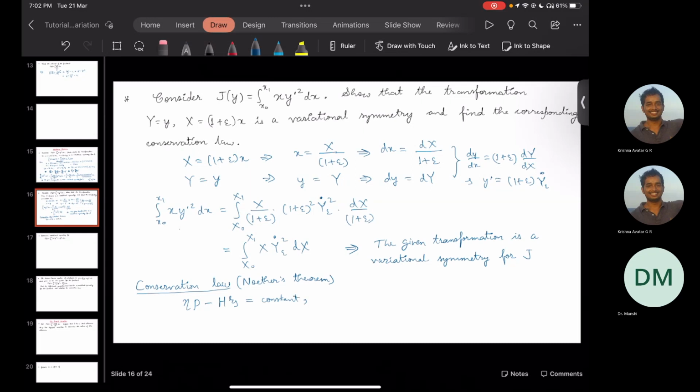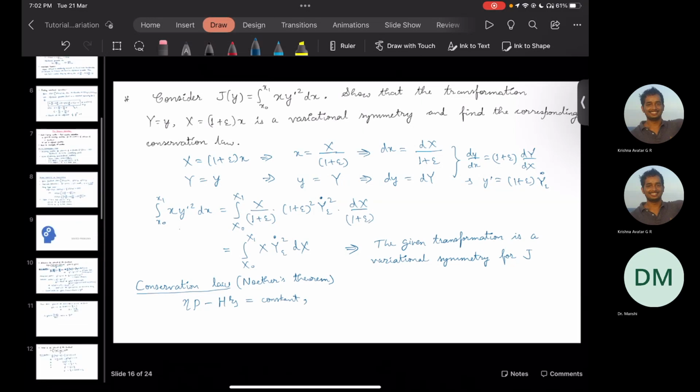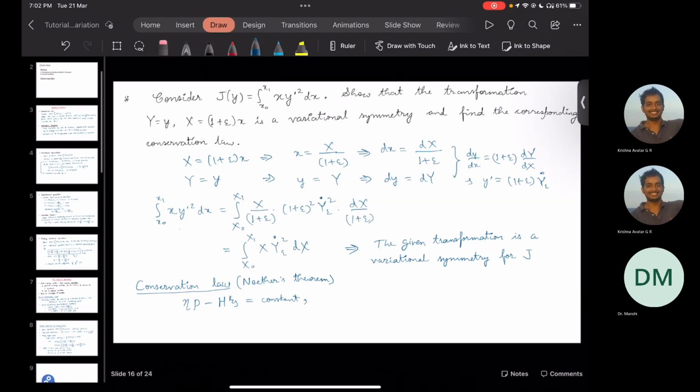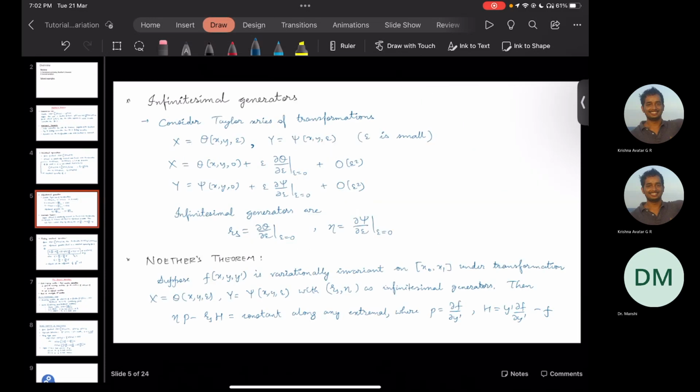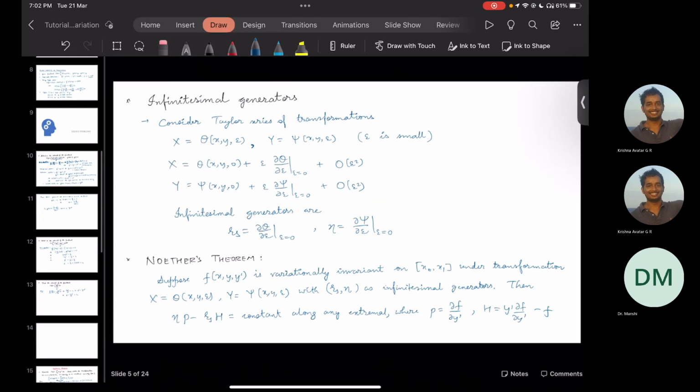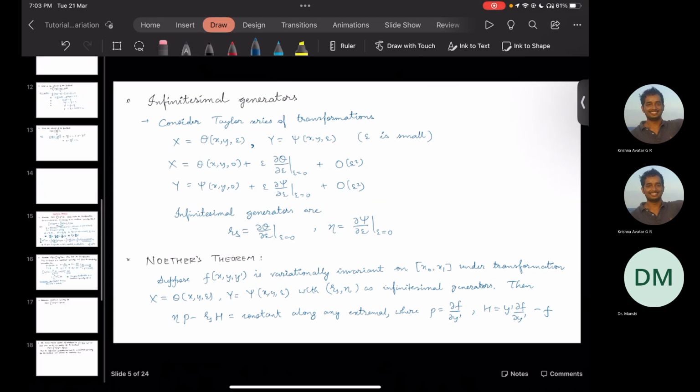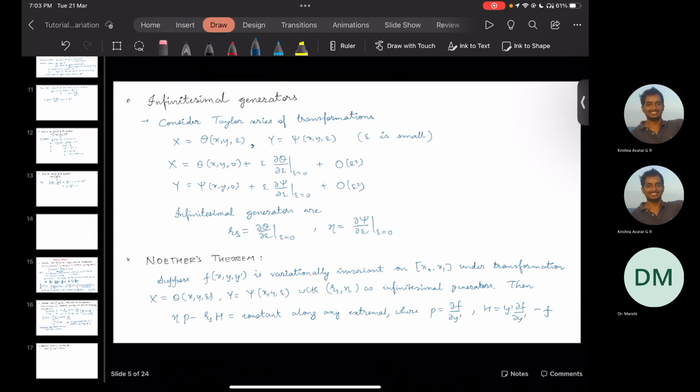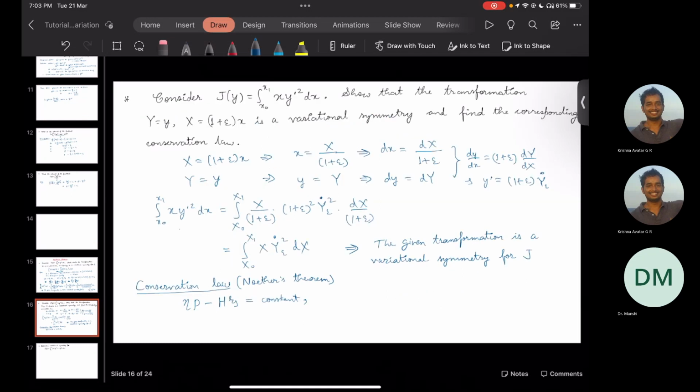Now, you very well recall that eta and xi are infinitesimal generators. I hope you recall infinitesimal generators. They are defined as follows.